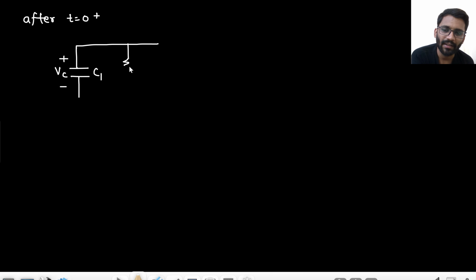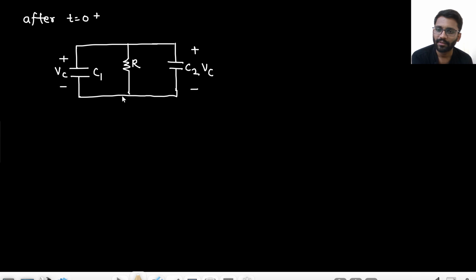This is resistor R, and this is capacitor C2, that is charged to Vc voltage. So what is happening? And this current I am calling IC1, and this current I am calling IC2, right? This current is IC1, IC2.